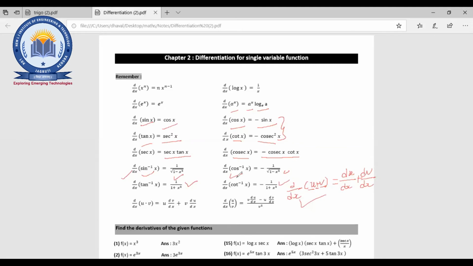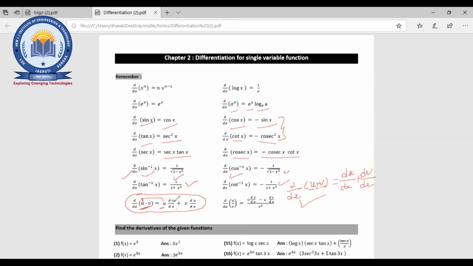Okay. Now another rule is the product rule. That means two different functions are there. Here u and v are two different functions. It can also be called differentiation by parts. So u dv by dx: the first function will remain as it is, u.